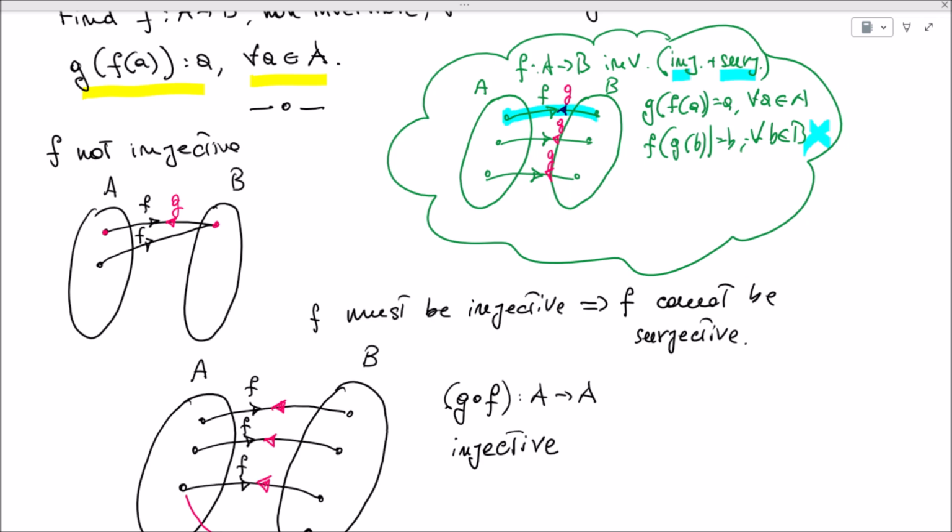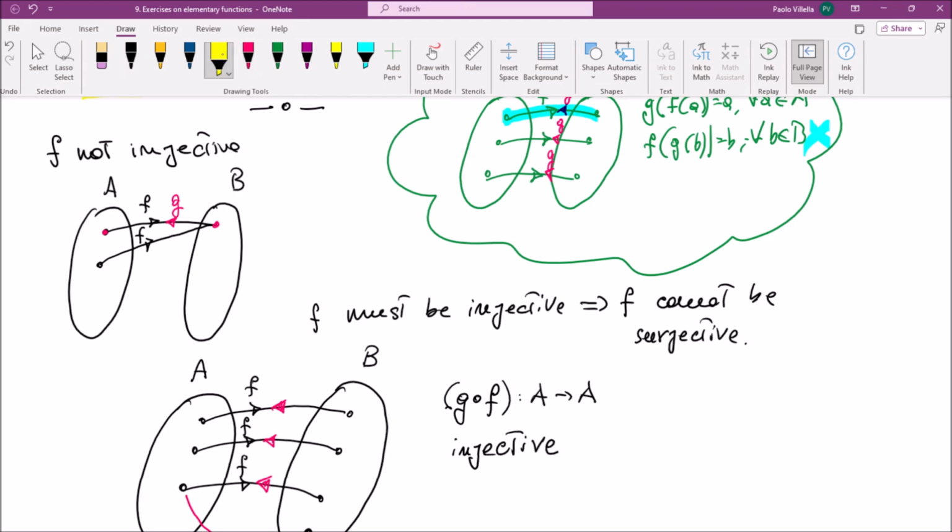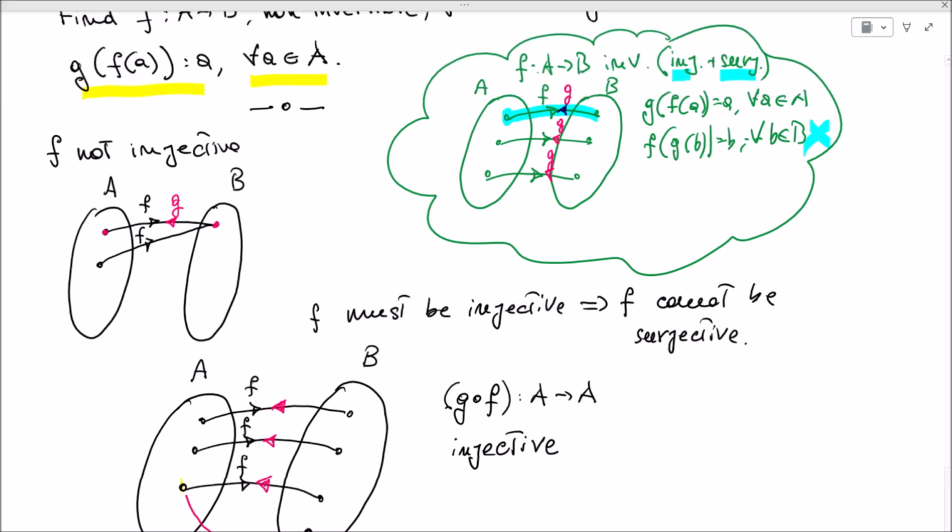Well, injective means that if we pick two different elements in A, for example, this one and this one, we end up in two different elements after applying g composed f. Let's see.